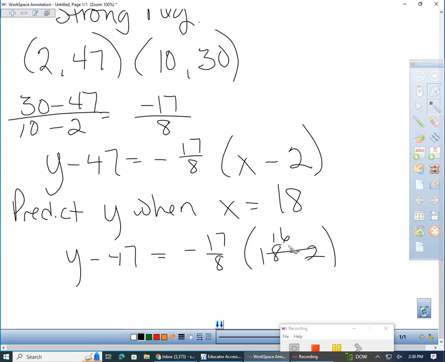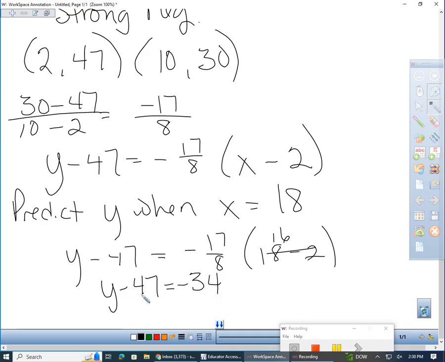We're going to grab our calculators. Let's go. So on this side, I got negative 34. So I have y minus 47 equals negative 34.